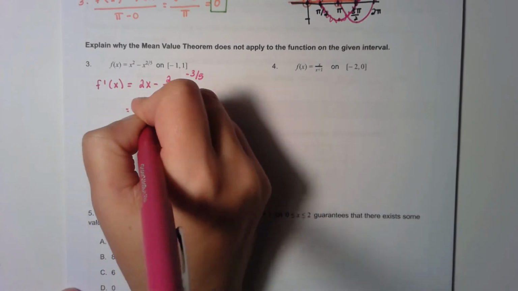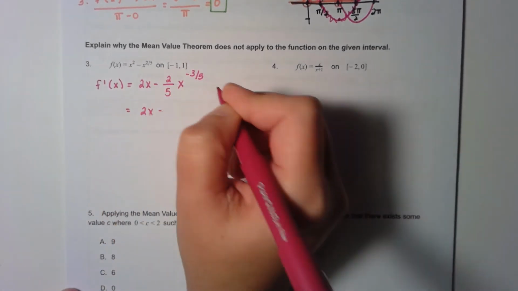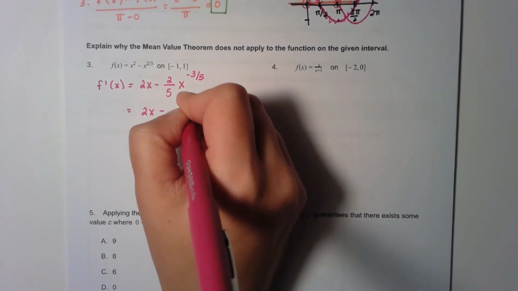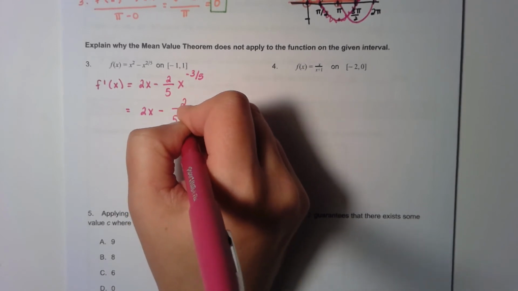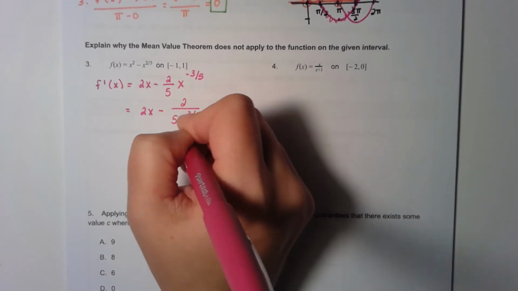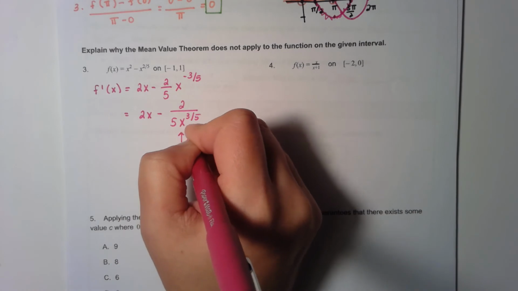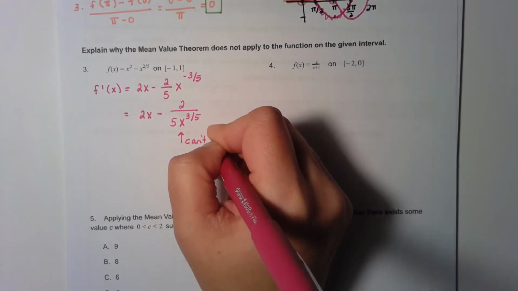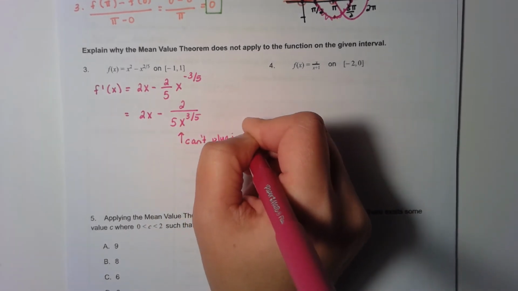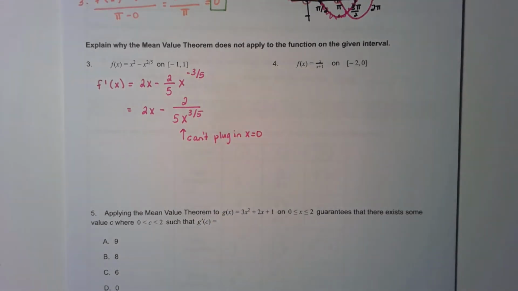Now, when I do that and I rewrite it, instead of a negative exponent, I'm just going to drop it to the bottom. I'm going to notice that I can't plug in 0.